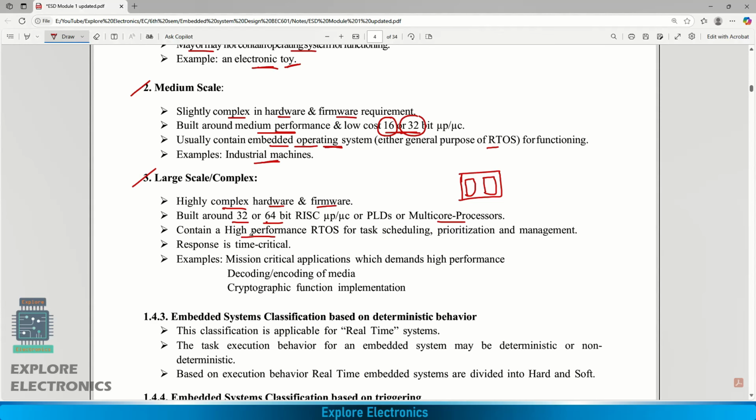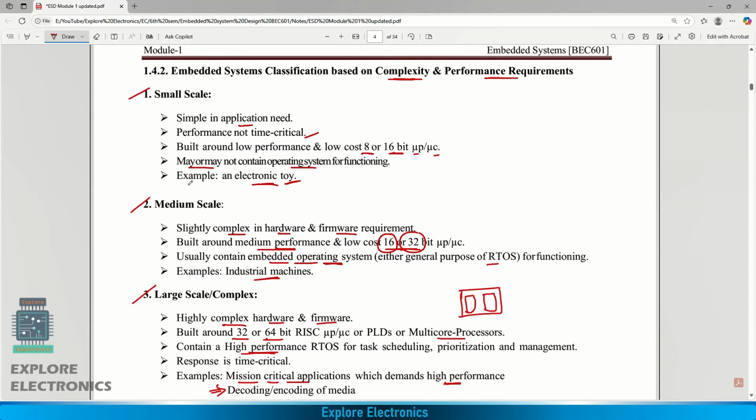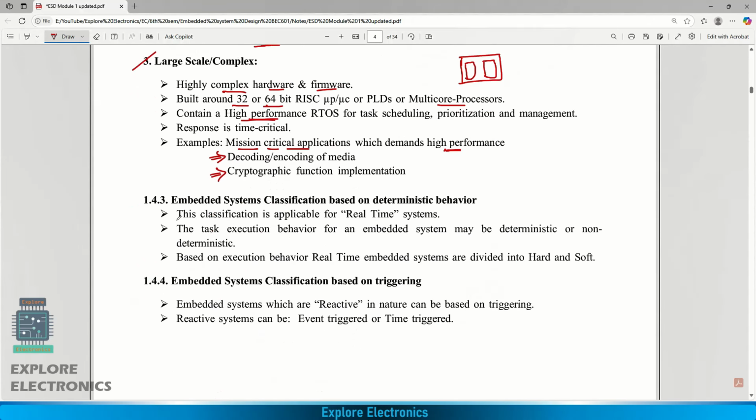It will have high performance critical systems, like in the army, missile critical systems. They will be triggered on time and expect high performance. Also decoding and encoding of media, and cryptographic functions to provide high security devices, come under large scale or complex. So there are 3 types depending on the complexity and performance: small scale, medium scale and large scale.